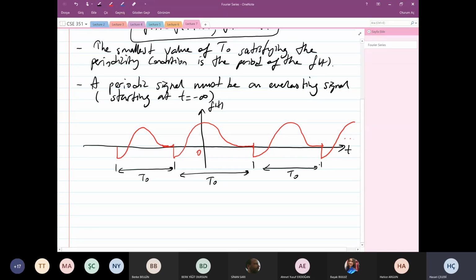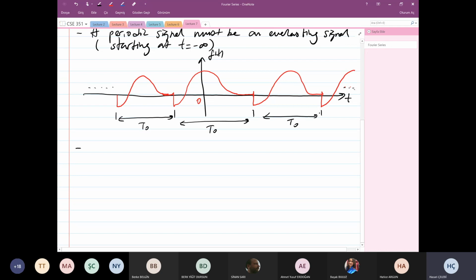As you see, the same signal is replicated every T0, and it goes from minus infinity to infinity. Such a signal is called a periodic signal.